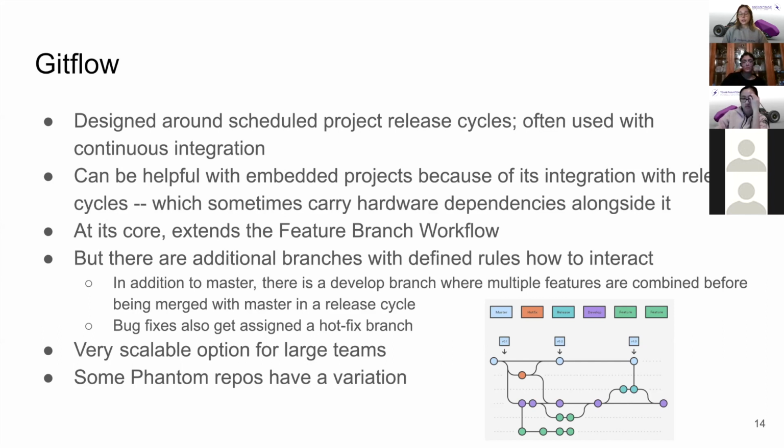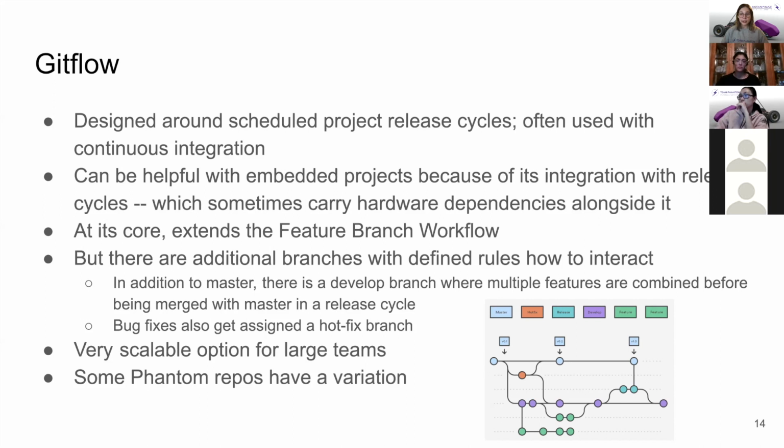So in addition to just feature branches, there's a couple of other additional branches that are used. And I think a notable thing is that the master branch isn't the main branch that we use in this development flow. The main branch is develop. So all of your feature branches get branched off of the develop branch, and when they're completed, they get merged in with the develop branch as well.